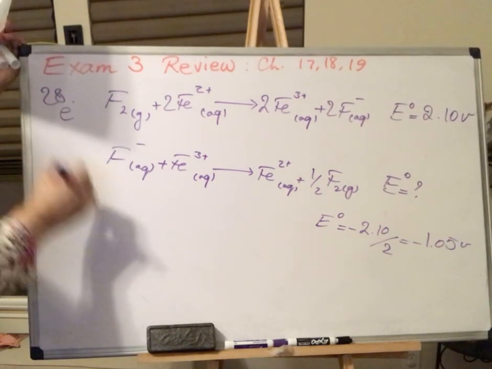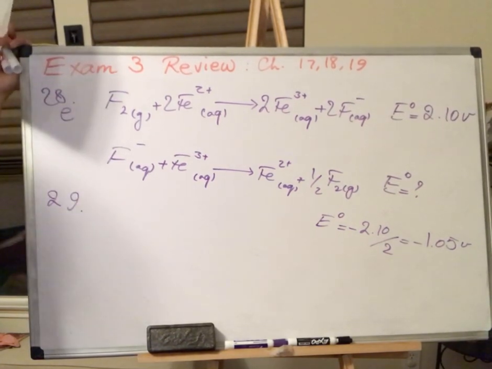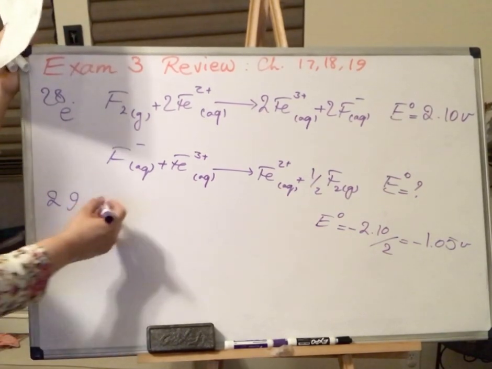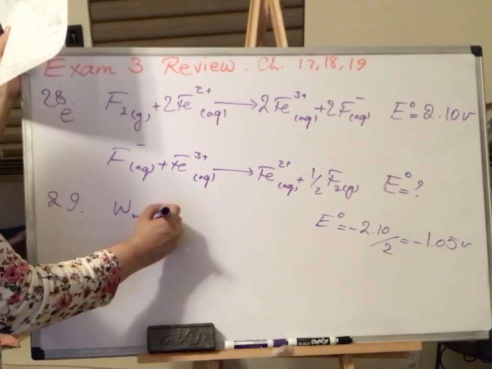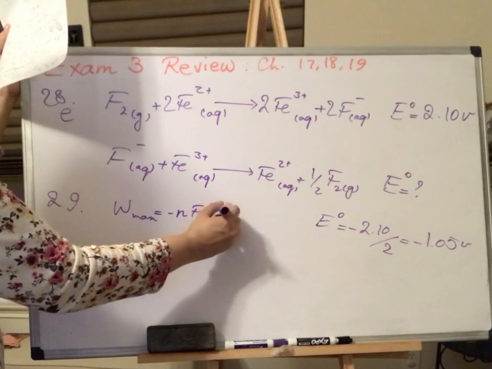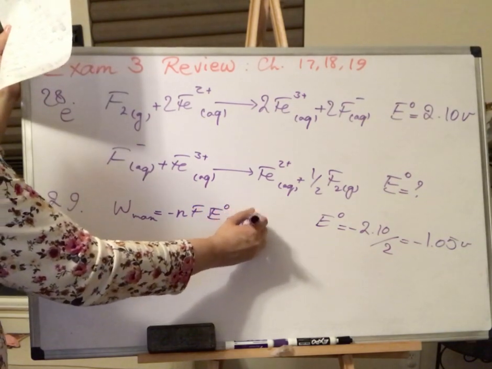Question number 29 is asking the cell potential of an electrochemical cell with the cell reaction is 1.607 volts. What is the maximum electrical work that we get when 2 moles of aluminum is consumed? So maximum work is minus nFE standard for cell.